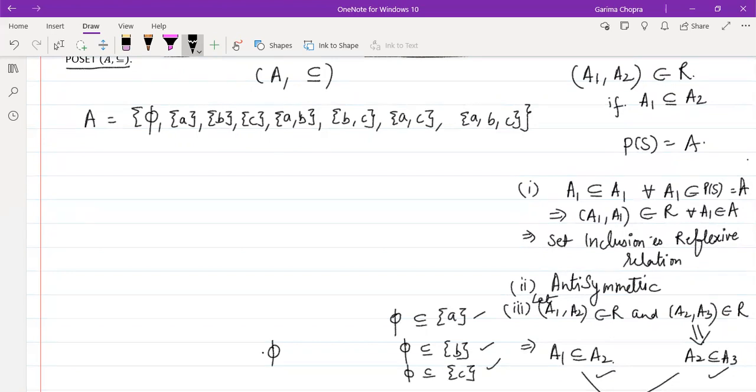So we have here singleton set {A}, then we can take singleton set {B}, and then singleton set {C}. Since phi is related to singleton set {A}, we will be taking an edge. Phi is related to singleton set {B}, we will be taking an edge, and phi is related to singleton set {C}, so we will be taking an edge here.